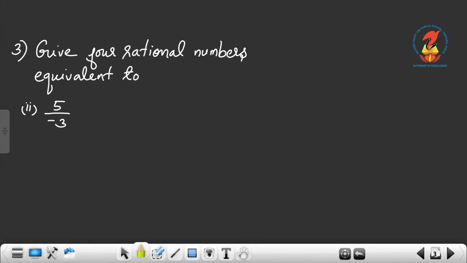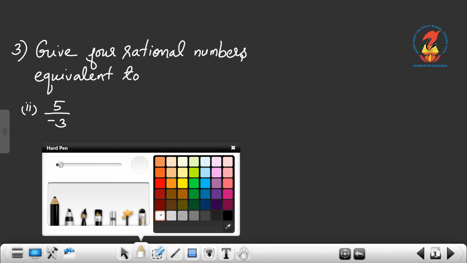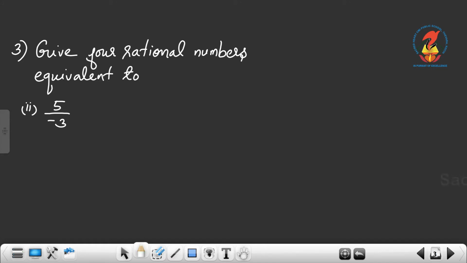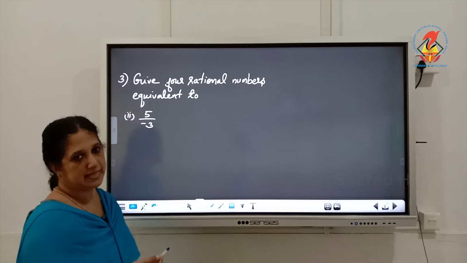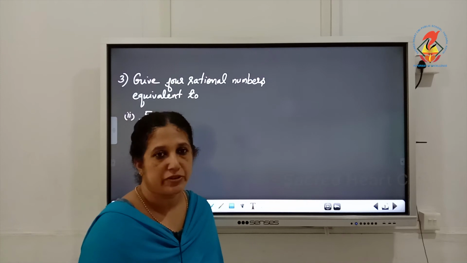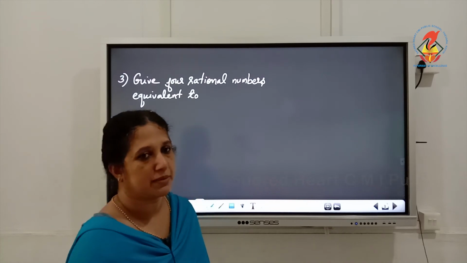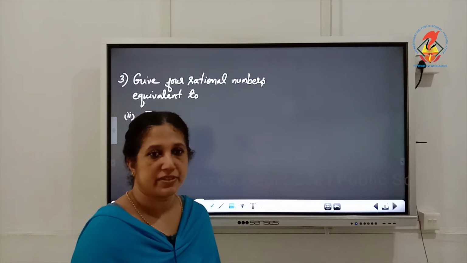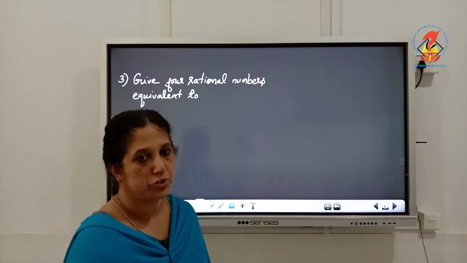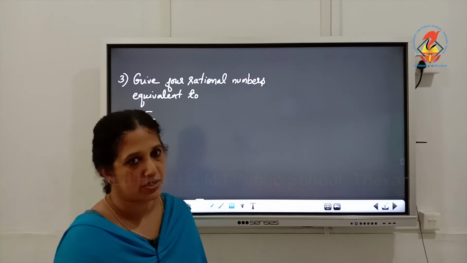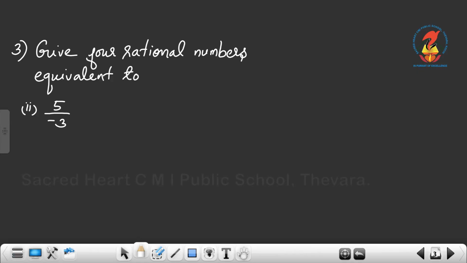Now give 4 more rational numbers equivalent to, second question, 5 by negative 3. We have to find out 4 more rational numbers equivalent to it. How will you find equivalent rational numbers? You have to multiply both numerator and denominator of the given rational number by a non-zero integer. Here the number is given as 5 by negative 3.